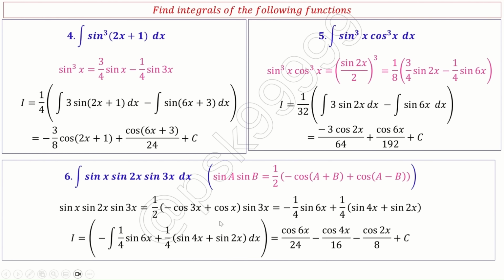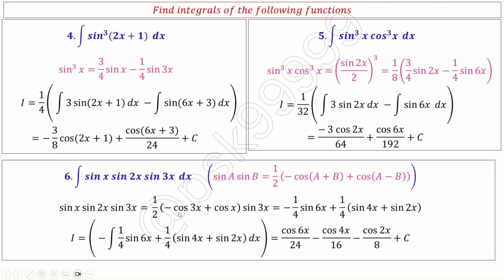Next. Sin x, sin 2x, sin 3x dx. I'll use this one: sin A sin B is nothing but half of minus cos A plus B plus cos A minus B. I'm using it on the first two. So this will become half of minus cos 3x plus cos x into sin 3x.